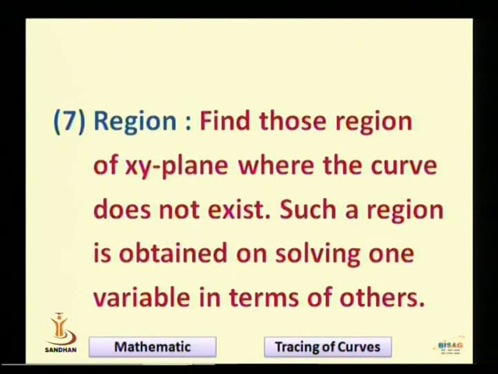The next geometrical property of the curve which we have to check is the region. Region means in which region the whole curve lies, or in which region the curve does not lie. This can be done by solving the equation for one variable, such as y.